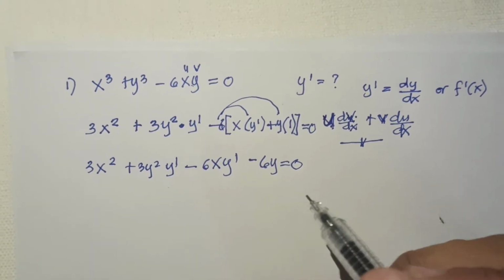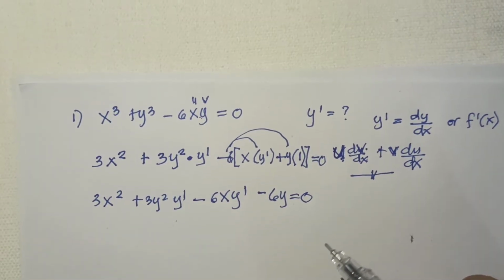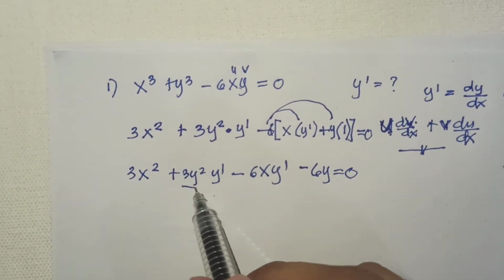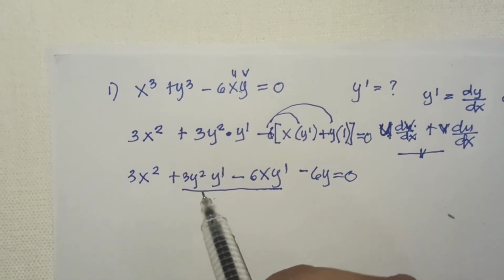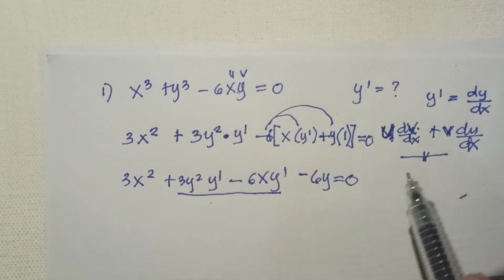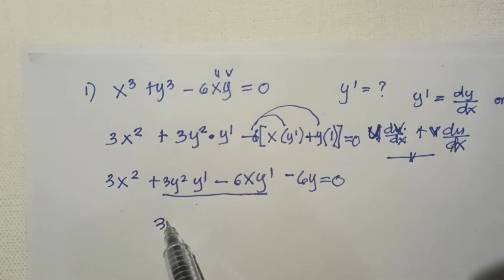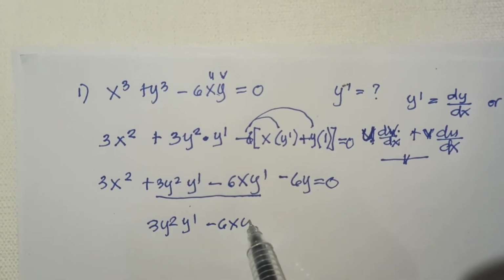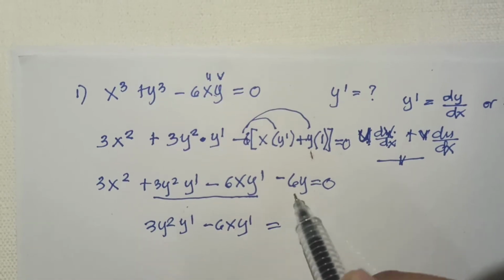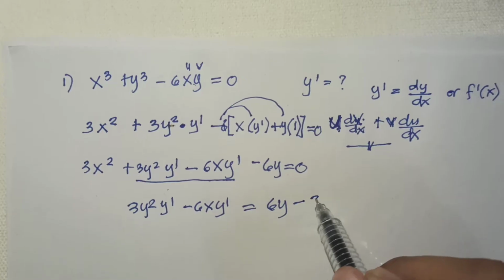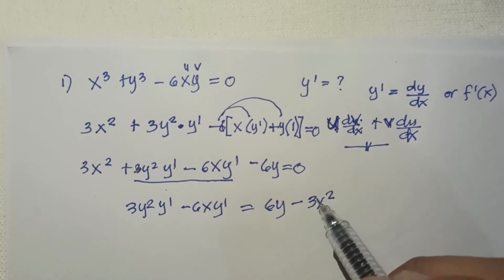At this time, we need to isolate y prime. So we need to combine first these terms, and transpose the others to the other side. We have 3y squared y prime minus 6x y prime is equal to 6y, transposed, and 3x squared becomes negative.